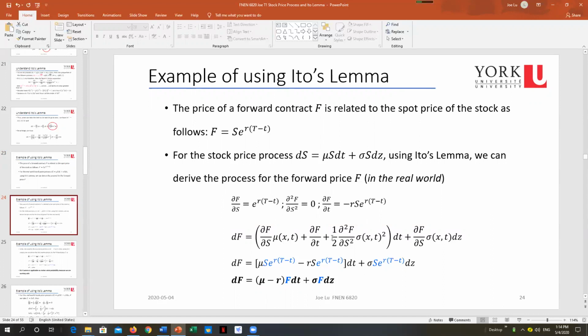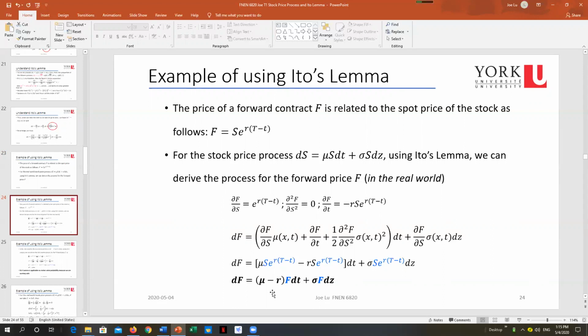From this dF/dt, we have this term. And the second partial derivative dropped out as 0. And for this part we have sigma S times e to the power r times bracket T minus t here. Now, all the blue ones here are really just F. So you collect the terms, you have mu minus r times F dt plus sigma F dz.